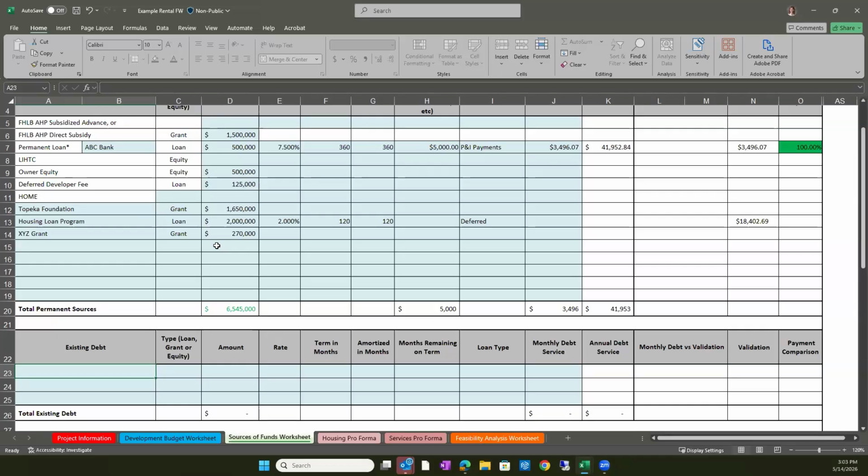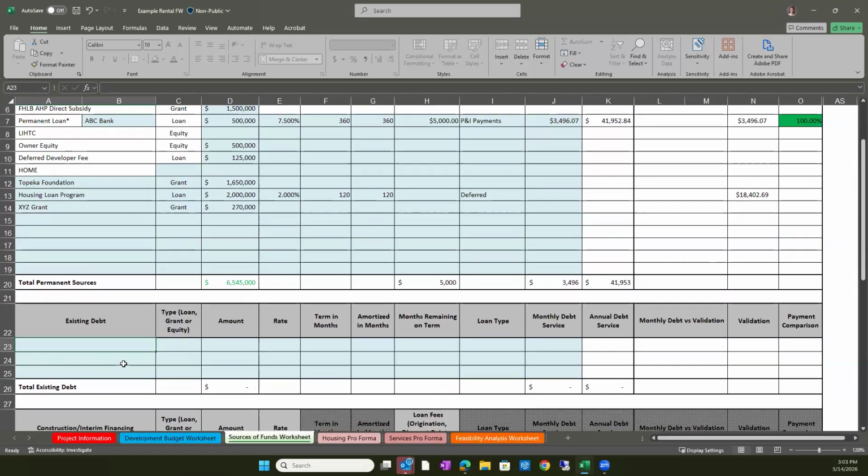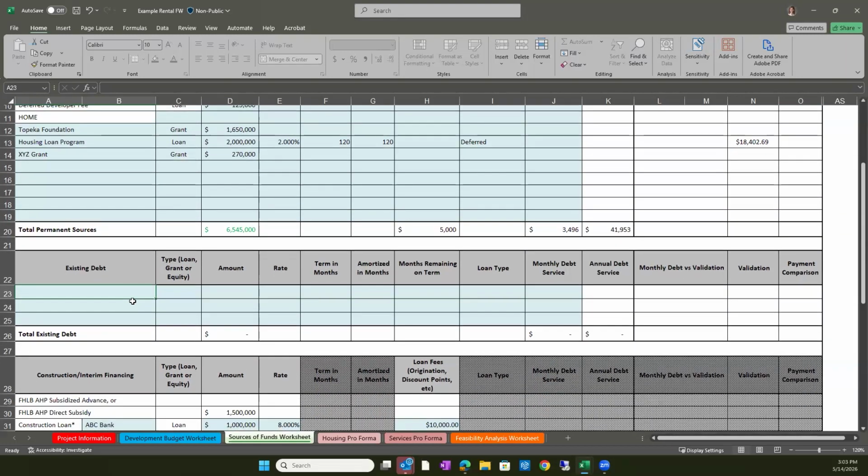We didn't really want to include existing debt in the development budget since it's not really part of the AHP project. We just needed it in here to represent the debt service and the housing pro forma and your cash flows. That is why we created this separate existing debt section in the sources of funds. So by having this section here, you no longer need to include existing debt in the development budget. So you do not need to put it in the development budget. It only goes into the existing debt section here in the sources of funds worksheet.